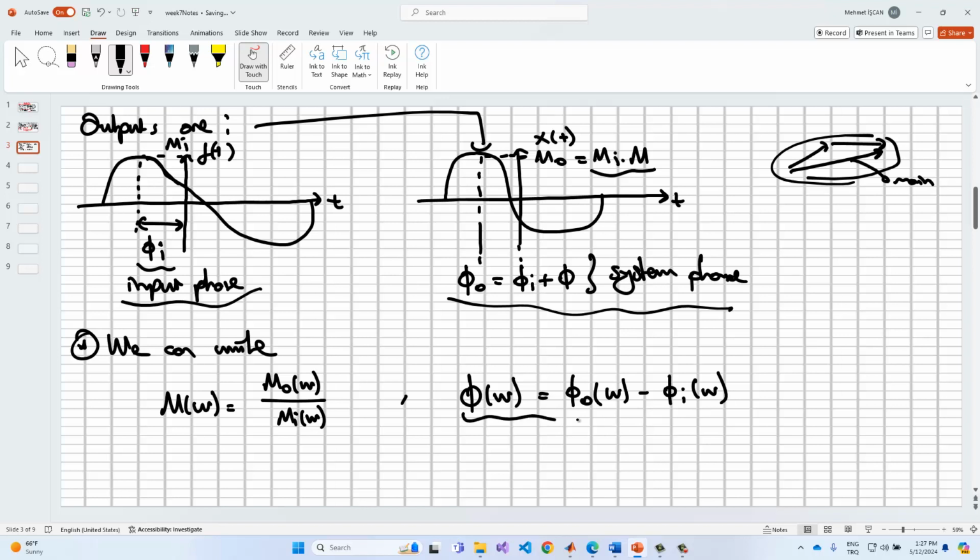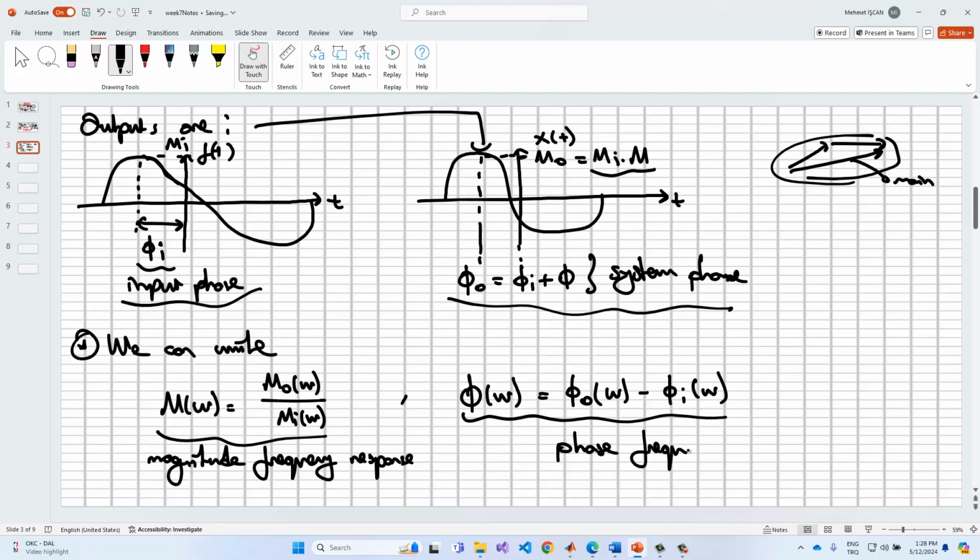Okay, and so what's the meaning of this? This is the magnitude frequency response in here. Okay, and this is the phase frequency response.